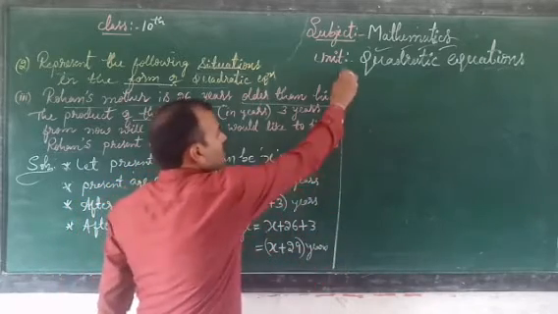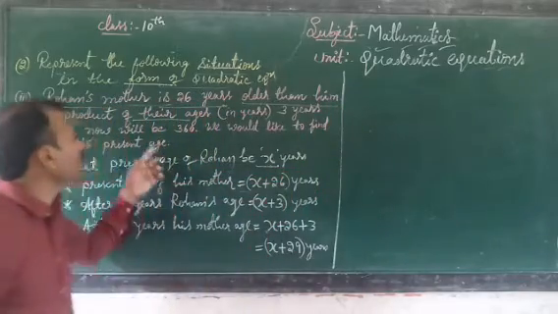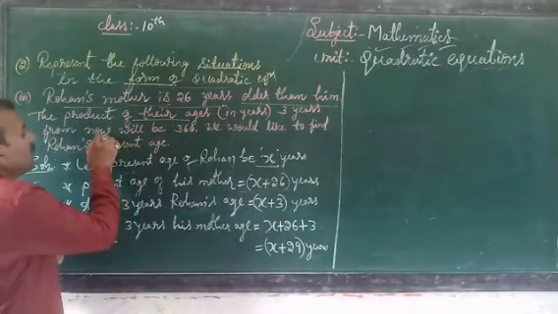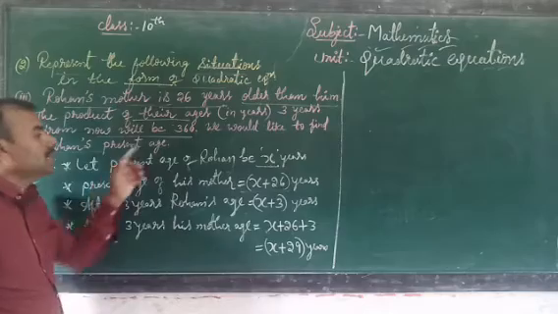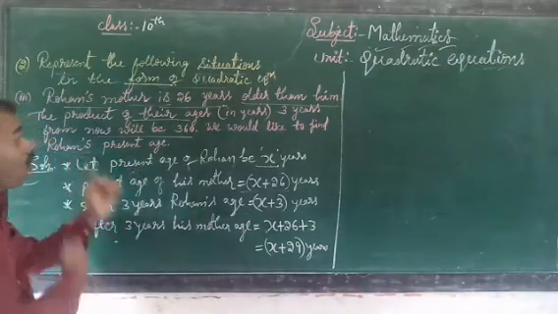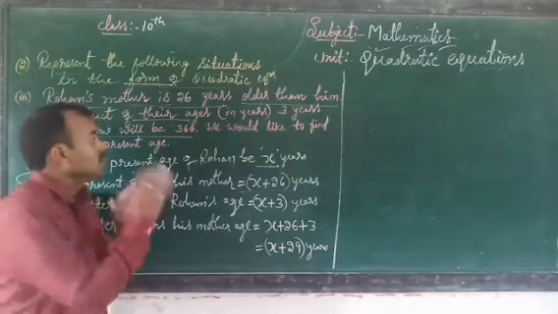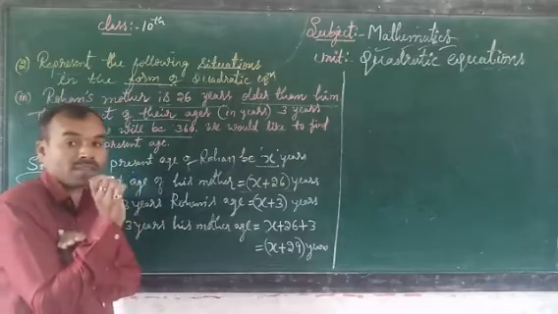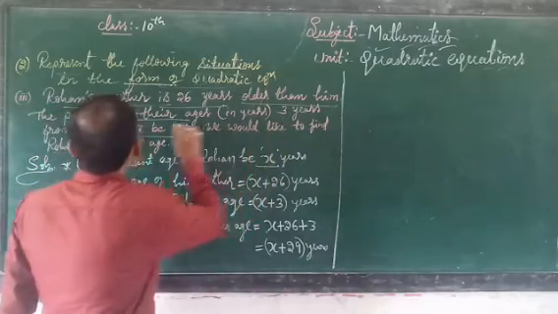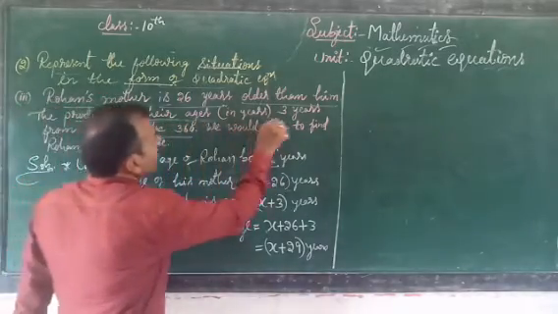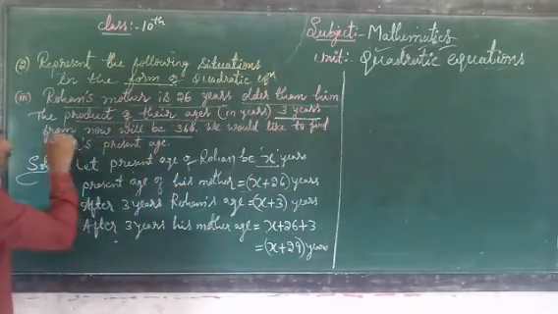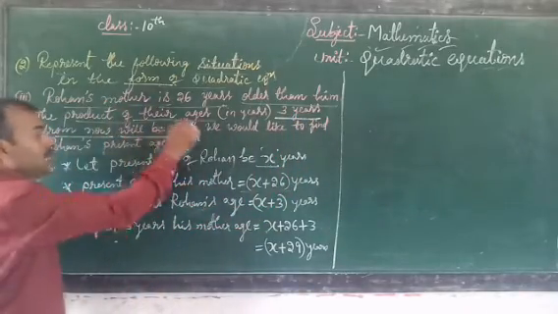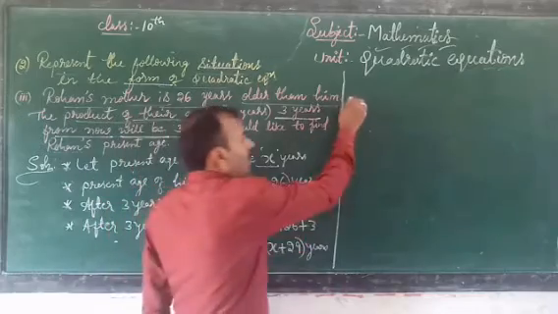Okay, dear students, the product of their ages is 360 after 3 years. Just read the problem carefully. The product of their ages 3 years from now will be 360.